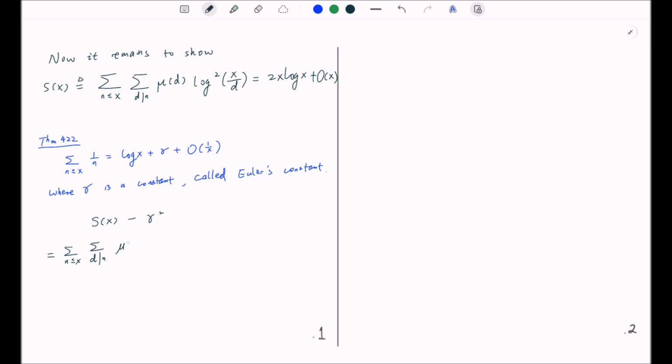Now let's plug in the definition for S of x. What about this gamma squared?